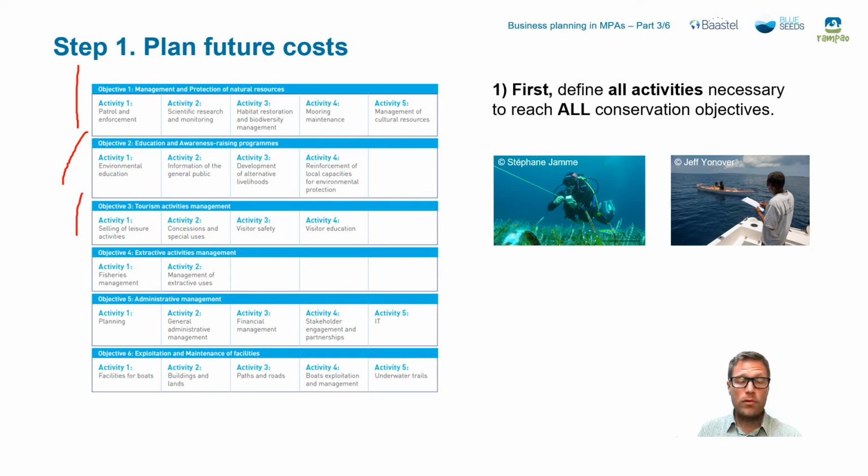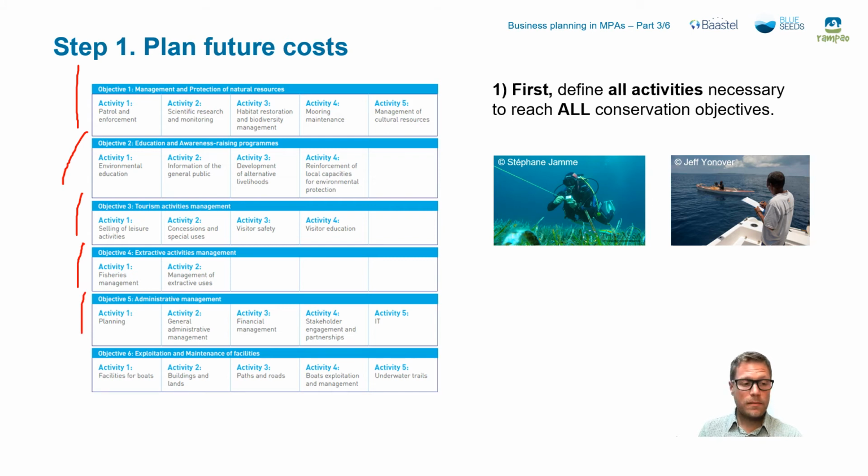Another group is tourism activities management, for example, concessions and special uses, visitor safety, or visitor education. Extractive activities management can be a very important activity, including fisheries management or other extractive uses.